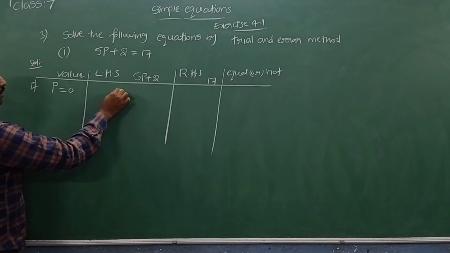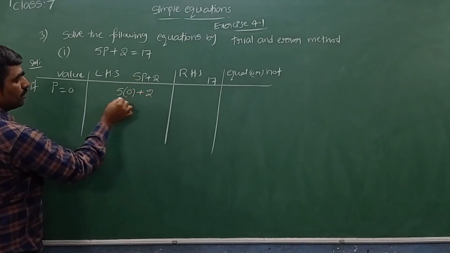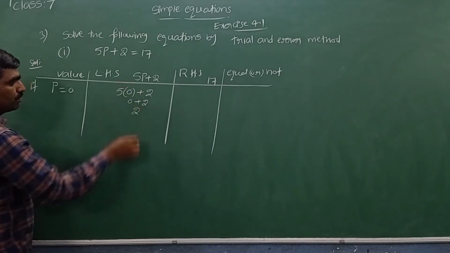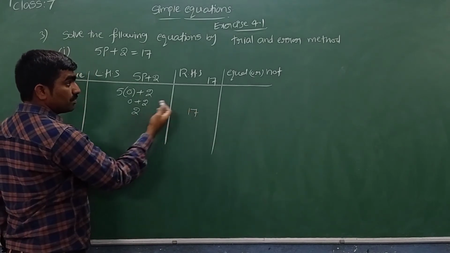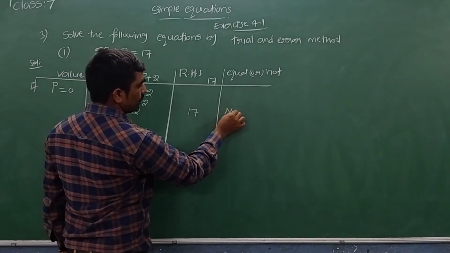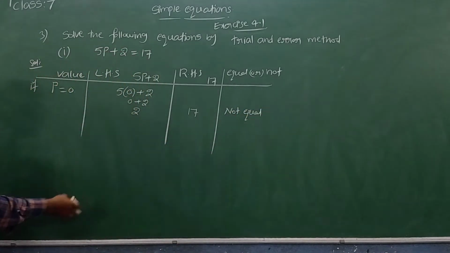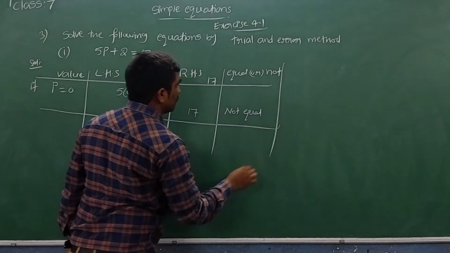Now, in the place of p, let me write 0: 5 times 0 plus 2. 5 zeros are 0. 0 plus 2 gives 2. What is the RHS? 17. 2 and 17, can I say both are equal? Not equal. Continue this process until you get the LHS part and RHS part both equal.